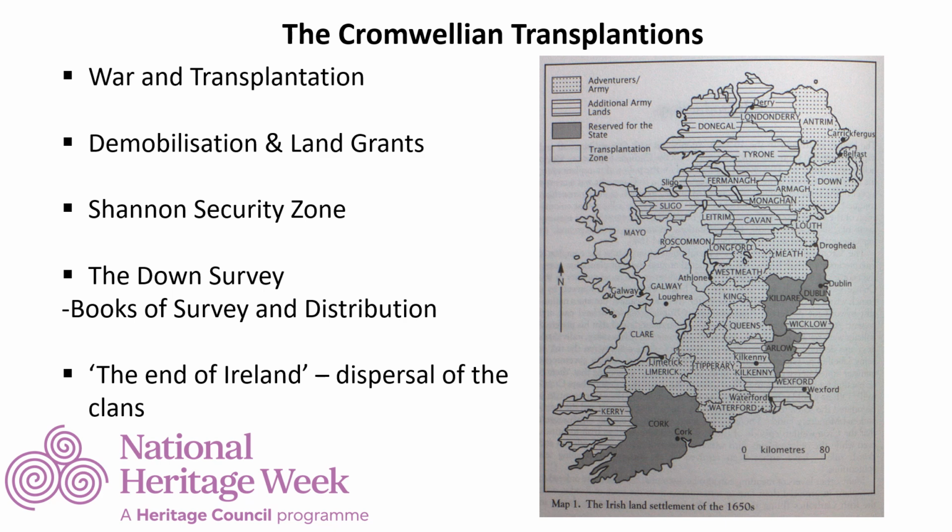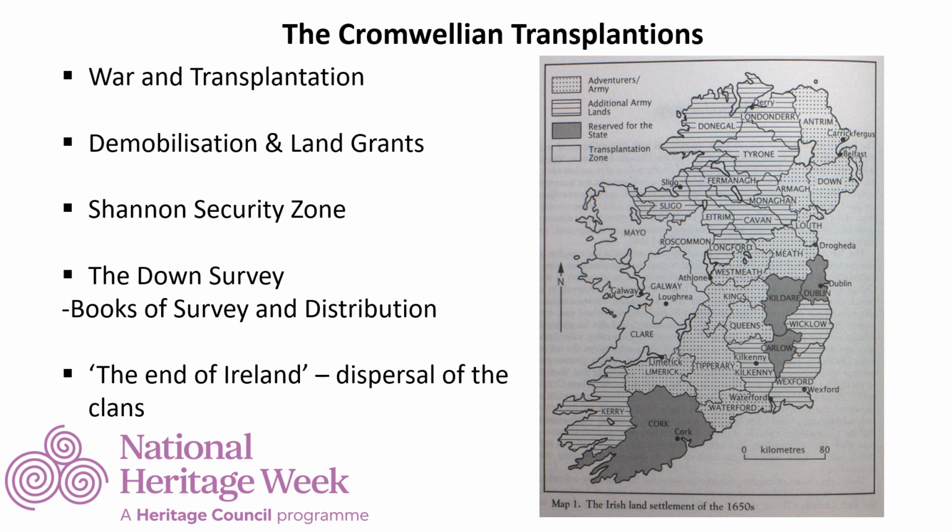So all those Catholic landowners, those who didn't actively support the parliamentarian cause in the war, were to be removed from Munster, Leinster and Ulster and given smaller plots of land in a large part of Connacht, so Mayo, Roscommon, Galway and Clare, which is part of Connacht at the time.